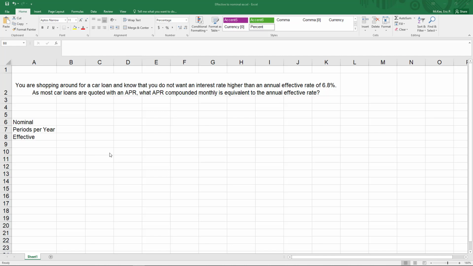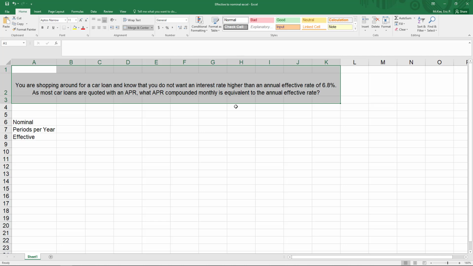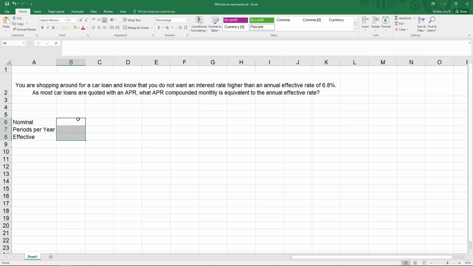I prepared a question right up here asking for us to find the equivalent APR, nominal rate, to an annual effective rate. Now, to get started for any question like this, it's best for us to take this verbal description and put down the necessary characteristics that we know down here. So we are looking for the nominal rate.